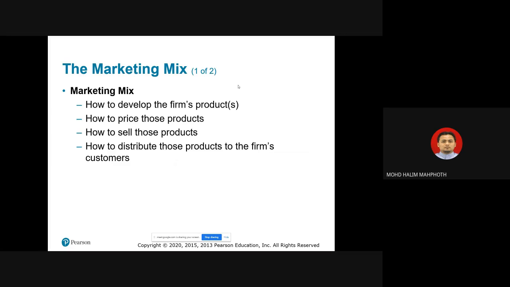Basically, like I mentioned about differentiation and cost leadership, sometimes companies focus on either one, or sometimes they can manage to focus on both, the cost leadership and the differentiation of the products, and how to survive.